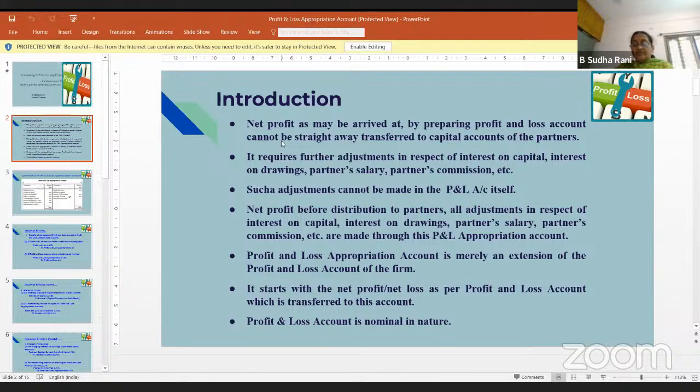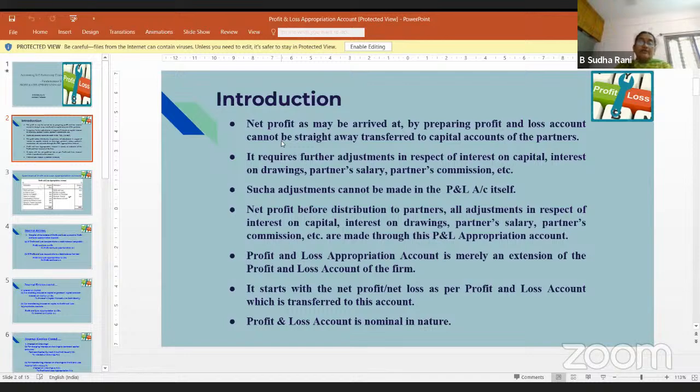All this information will be given, and you will be asked to prepare this profit and loss appropriation account. You all know what a profit and loss account is, right? It takes into consideration the revenue, expenses, and incomes, presented by the year ending.